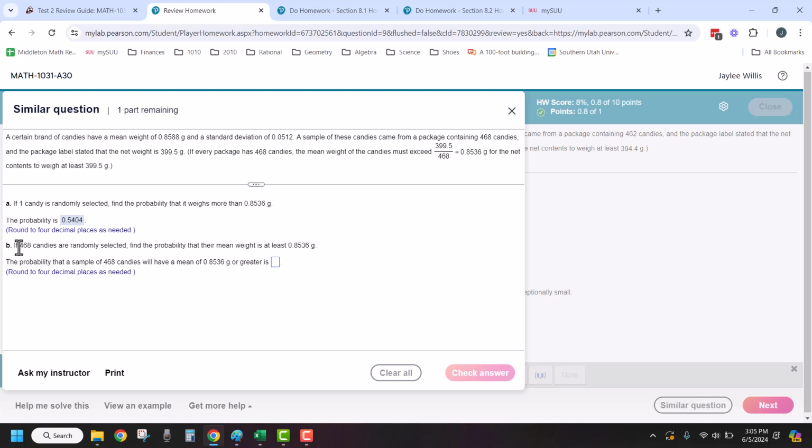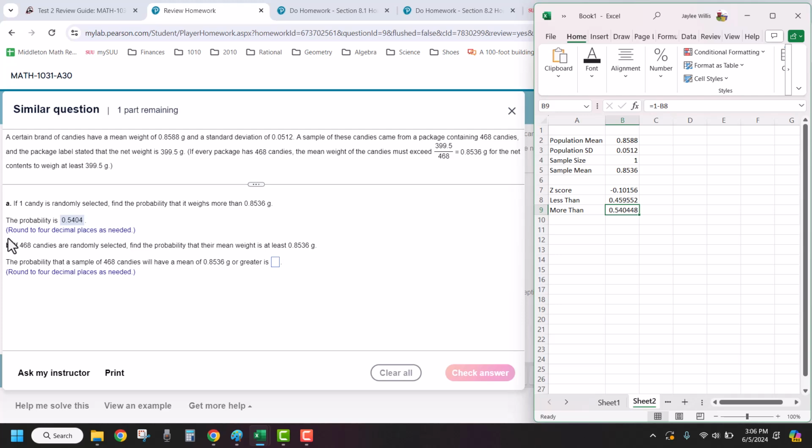Now the question asks, what if you take a sample size of 468? So instead of taking the sample of just one, we're going to take an entire bag of candy, or 468. And so when I type in the sample size of 468 here, the probability that their mean weight, or the average of all of those candies, is at least this amount is going to be 98.59%.